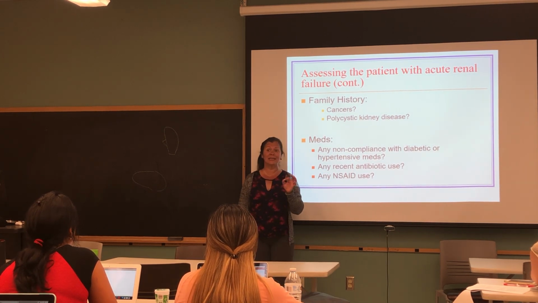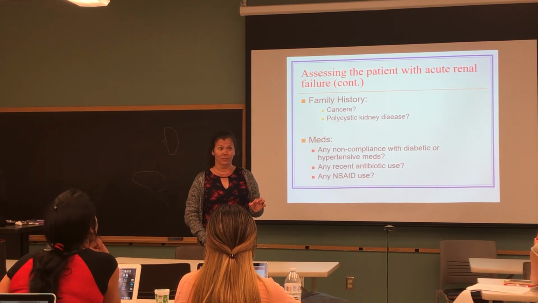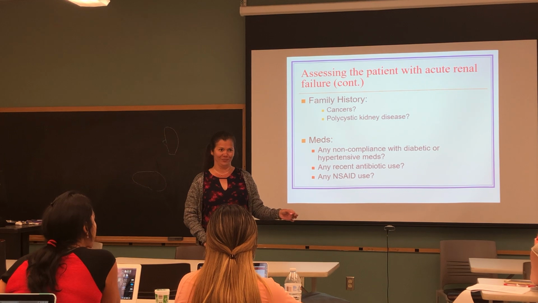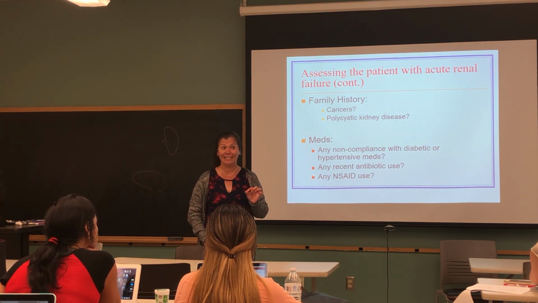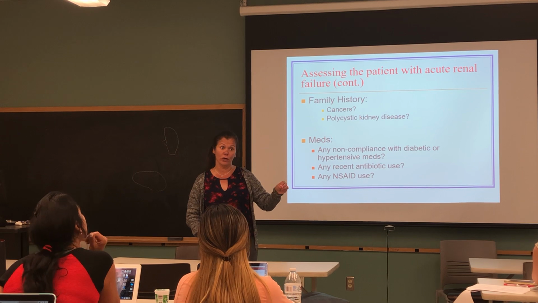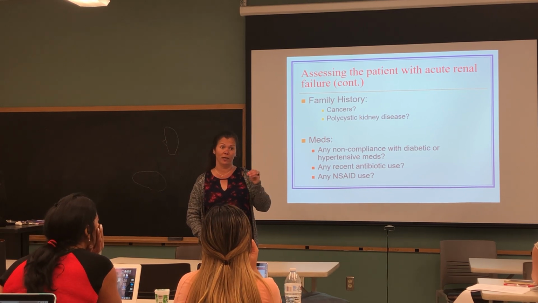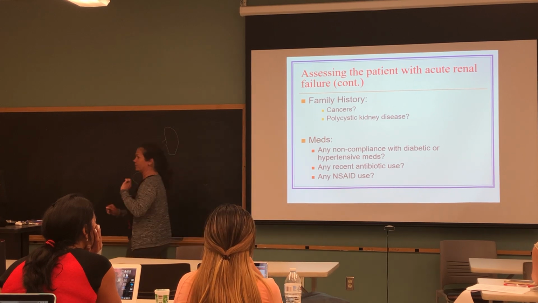Remember that NSAID by itself is a medication that can produce intrarenal failure. But if the patient is on NSAIDs or ACE inhibitors because the patient has hypertension, okay, you must discontinue those in pre-renal renal failure because the patient would not be able to regulate, okay? That's the most important part that I want you to remember.